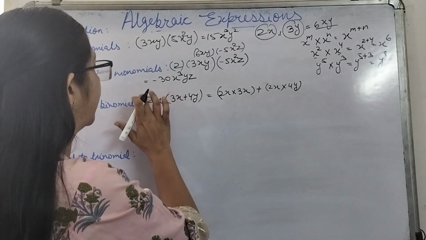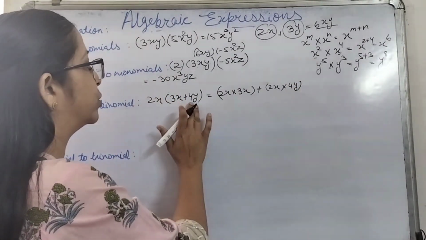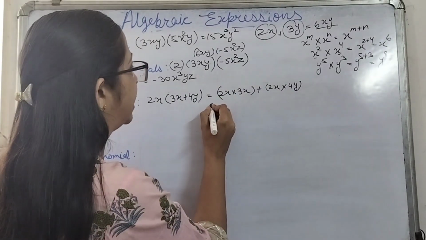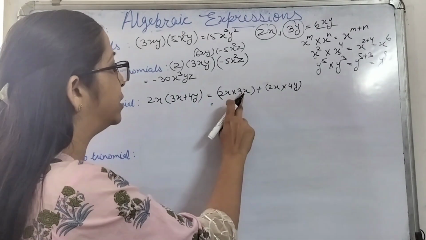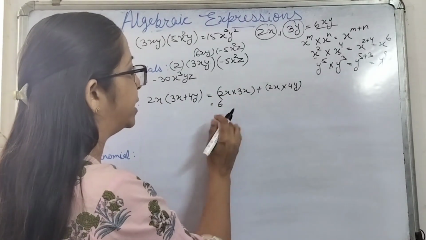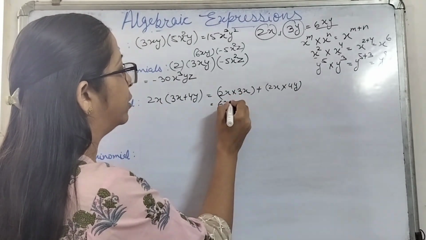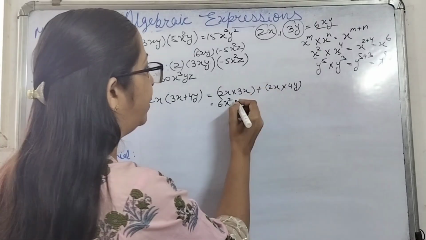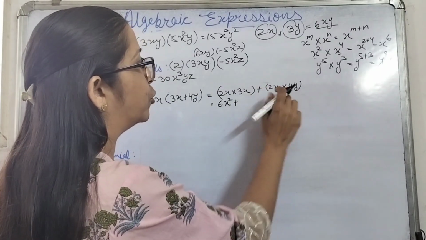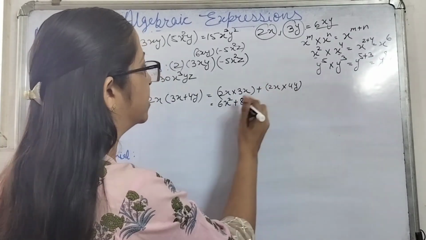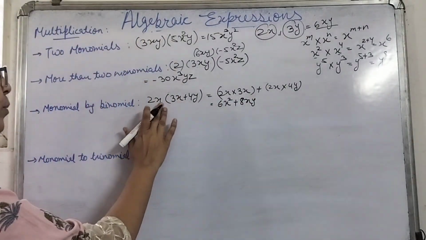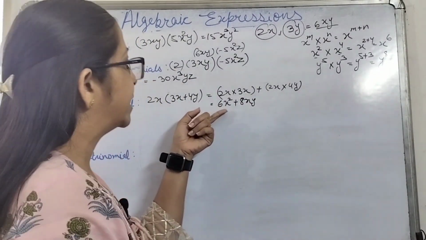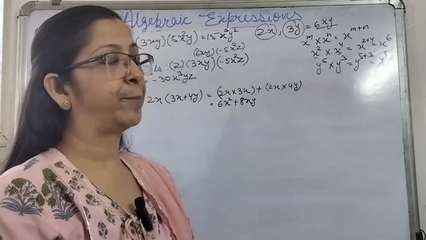Now multiplying, the numeral coefficients first: 2 multiplied by 3 is 6, x multiplied by x is x square. Plus 2 multiplied by 4 is 8, xy. So the product of one monomial and one binomial will be 6x square plus 8xy.